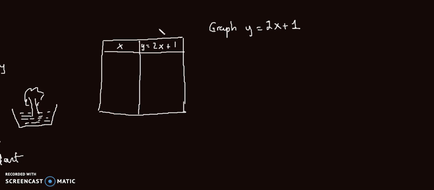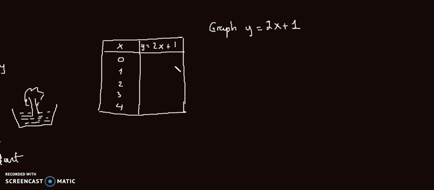And then you pick several points. So for the purpose of illustration, I would use 0, 1, 2, 3, 4. Usually, again, we only need 2 points. 2 points are enough to graph a linear function.